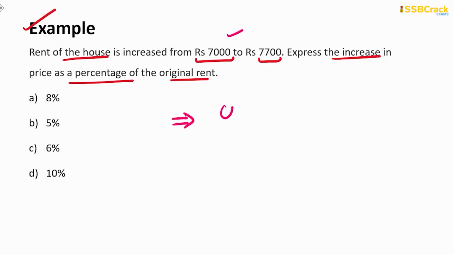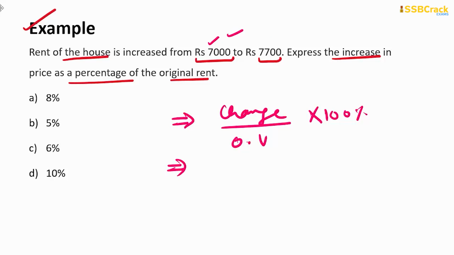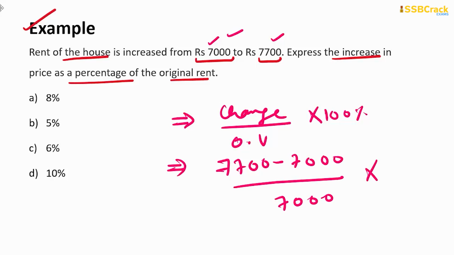Firstly, the change in the value divided by the original value into 100 will give us the percentage increase. So here the rent is going from 7,000 to 7,700. So the total change will be 7,700 minus 7,000 divided by the initial rent, that is 7,000, into 100.